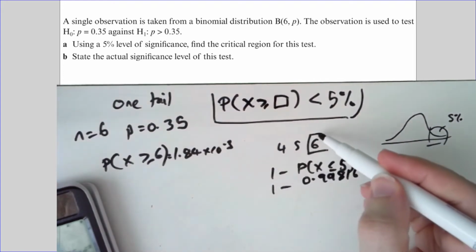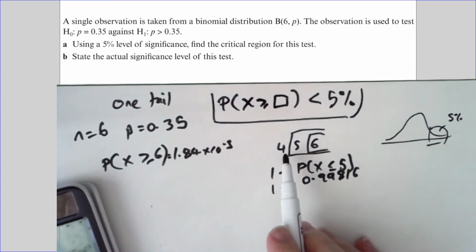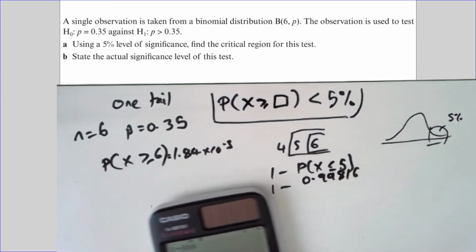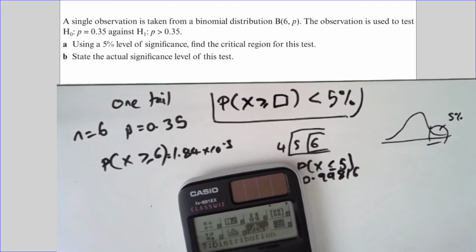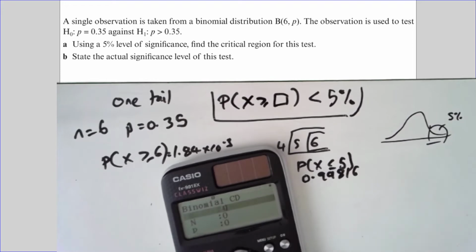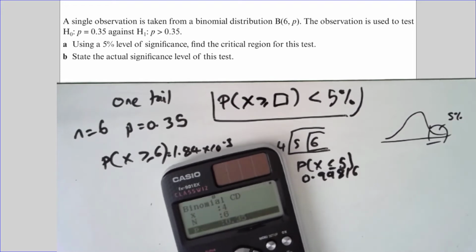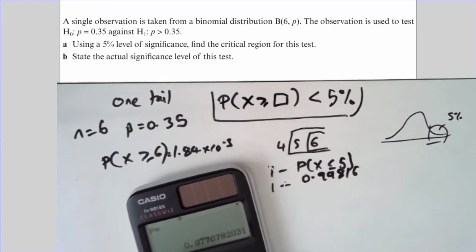If we were to do 5 or higher, then we're going to have to do 1 minus less than or equal to 4. Menu, distribution, binomial CD, variable. So 4, 6, 0.35. Press equals, we get this.